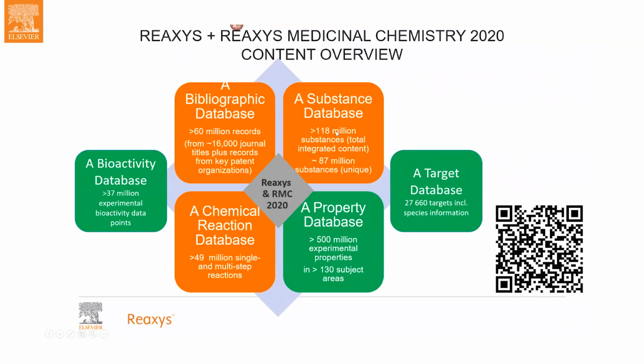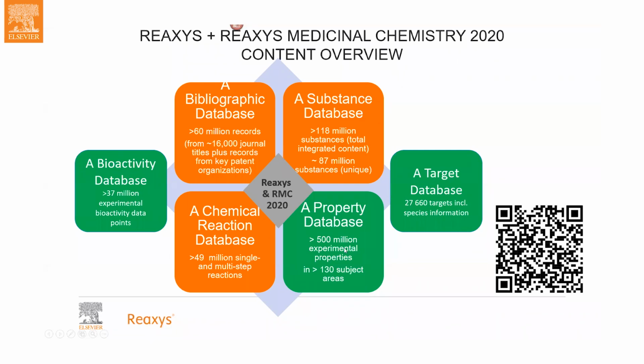And to make this search, we need to leverage the value of Reaxys, because Reaxys is a chemical database inside of which several databases are available. One of them is a bibliographic database, 60 million records, and also there is a substance database, more than 100 million substances, and what is important, 500 million experimental properties.